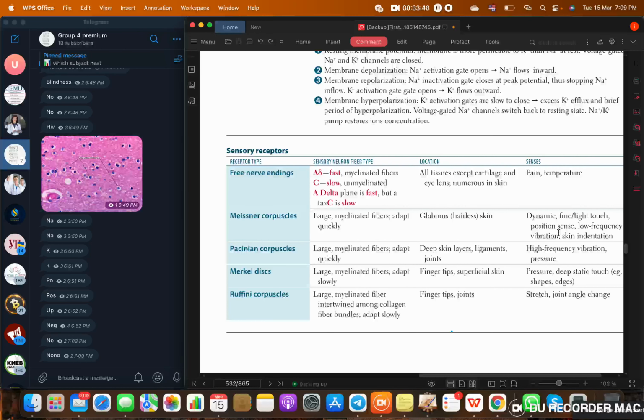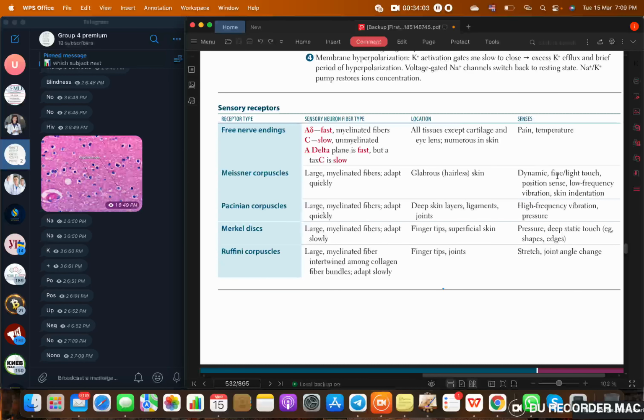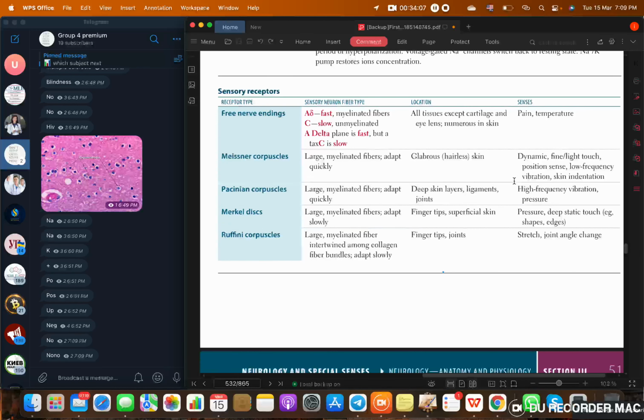With a deep burn, it is basically impossible to sense the pain. Okay, good. The next thing they say here: free nerve endings, we discussed that. All tissues except cartilage and eye lens, numerous in the skin. It's for pain and temperature.